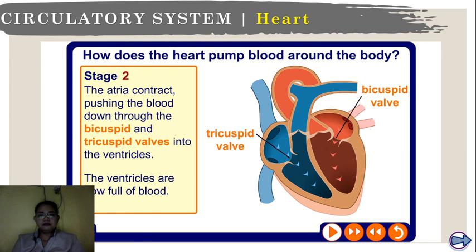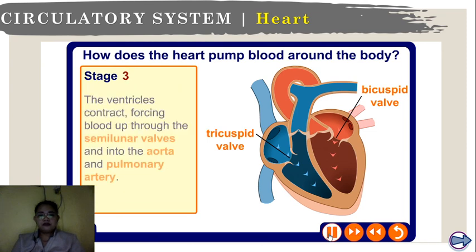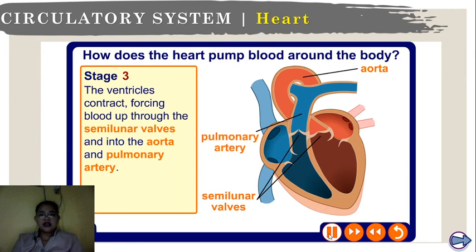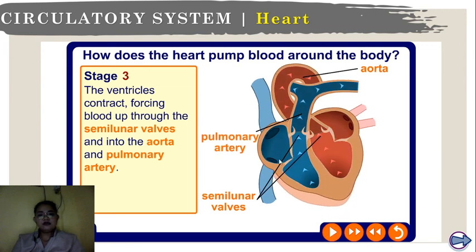Magko-contract. Sasara ngayon yung dalawang valve dito, yung bicuspid at saka yung tricuspid. This time, ang mag-open naman yung dalawang semilunar, pulmonary at saka aortic. Bakit? Kasi ang movement mo na or ang way mo na ay papunta sa lungs at papunta sa buong katawan.